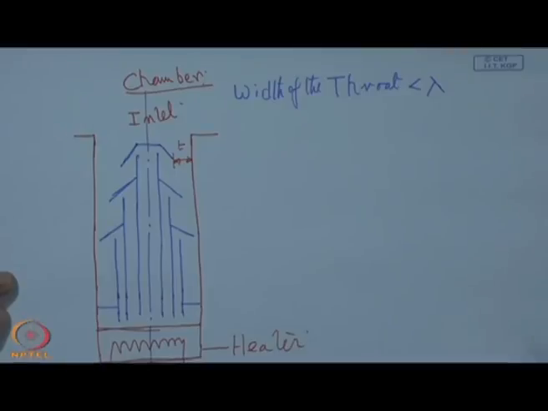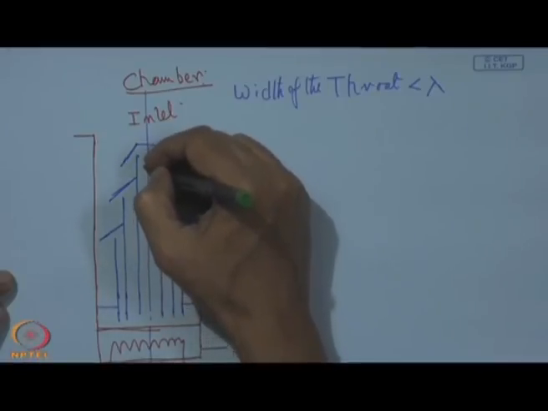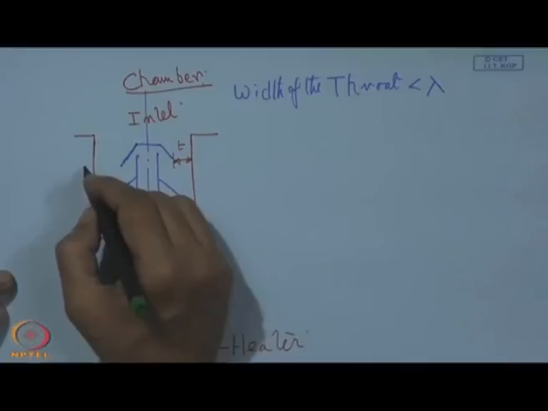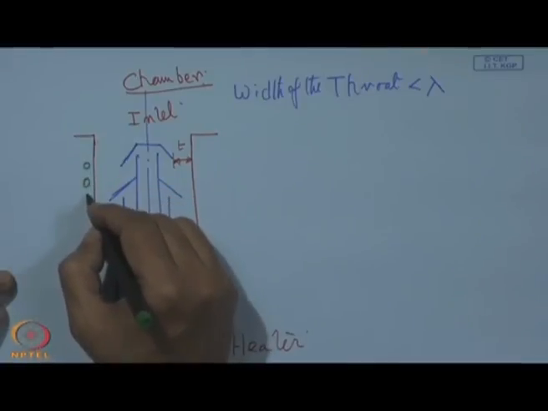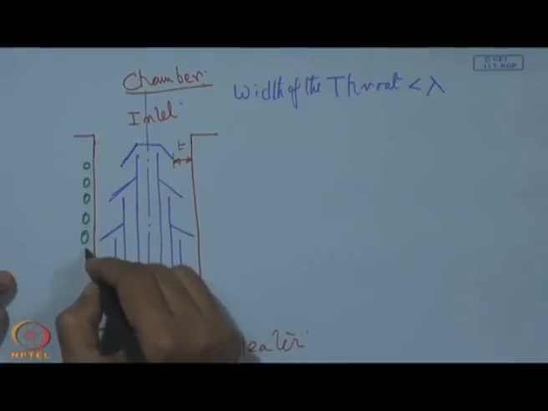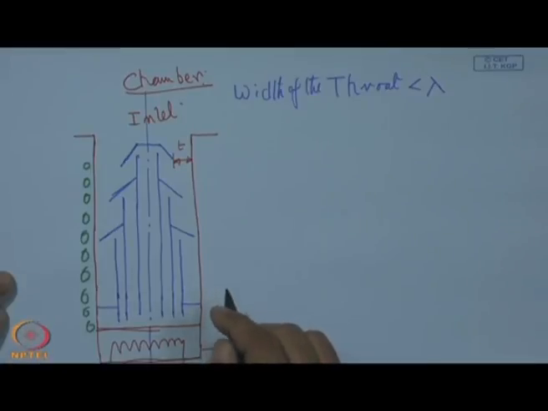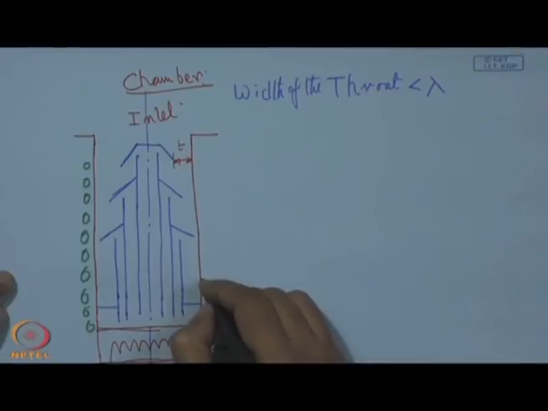What we can see here is that the stream of vapor will move upward, but it will be deflected, and here we have cooling coils. Further to this, we have one opening here.